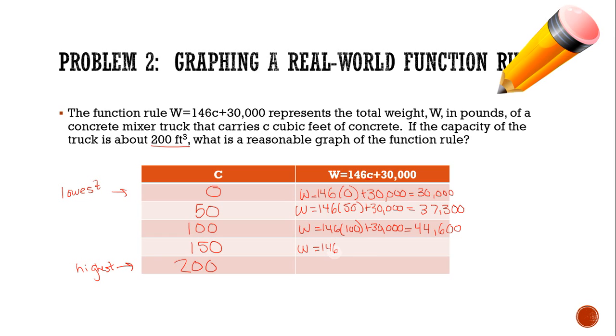Same thing, multiply by 150. Once I did the math, I got 51,900. And finally, at capacity, the total weight of my concrete truck is 59,200 pounds.